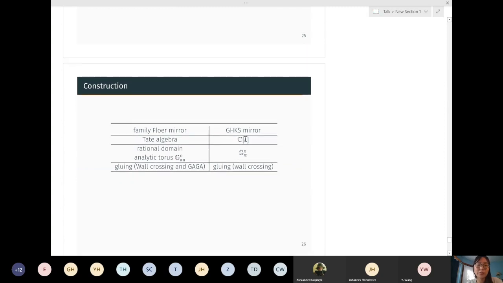Here we just switch the polynomial ring to a Tate algebra. The torus is a rational domain, but in the cases we are doing it will just be an analytic torus. The gluing is the same; we still glue by wall crossing. And the good thing is that, in the A2 example, the wall crossings are just polynomials, so we can use algebraic gluing and, by GAGA, carry it over to the analytic sense to do the same gluing here.